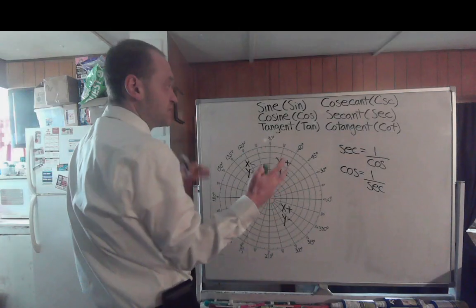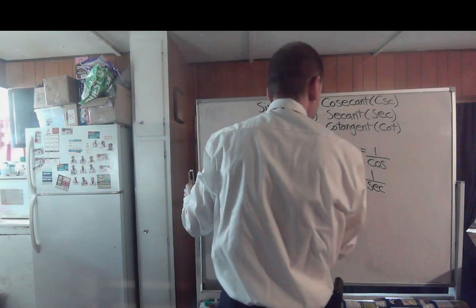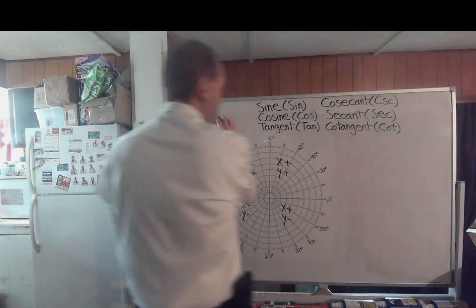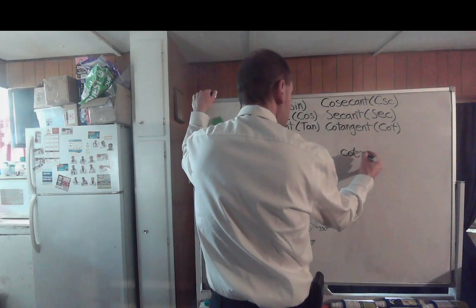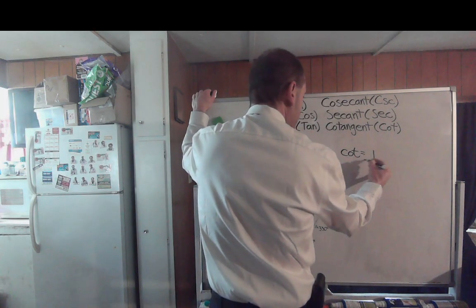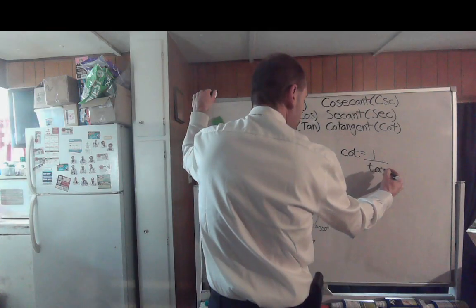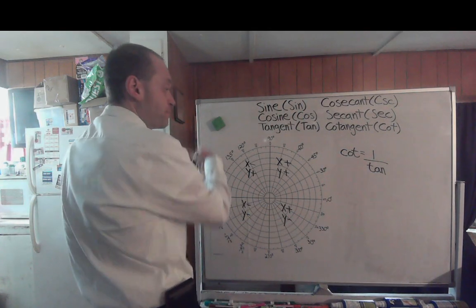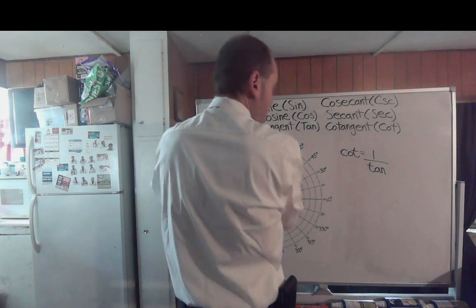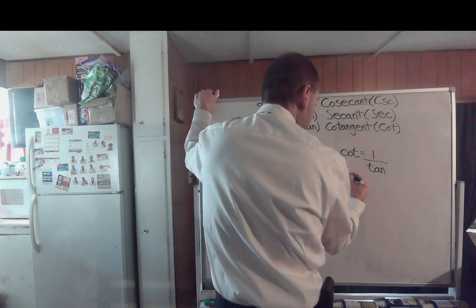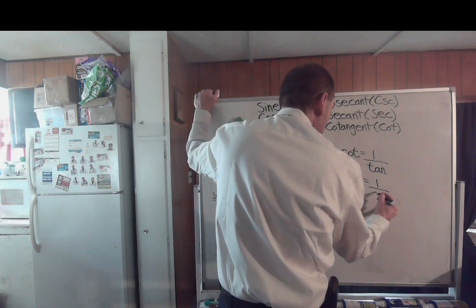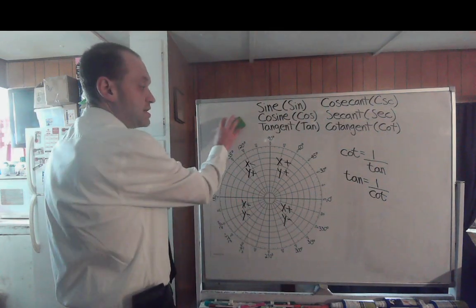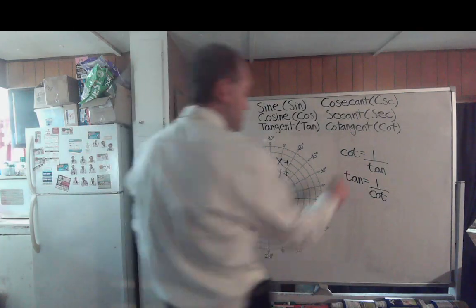So that's how secant and cosine relate. Then, of course, we can relate tangent and cotangent. So cotangent equals 1 divided by the tangent, since they're reciprocal functions. And likewise, we could say that tangent's the reciprocal of the cotangent function. So tangent equals 1 divided by the cotangent. That's how those relate. So we've built our foundation.